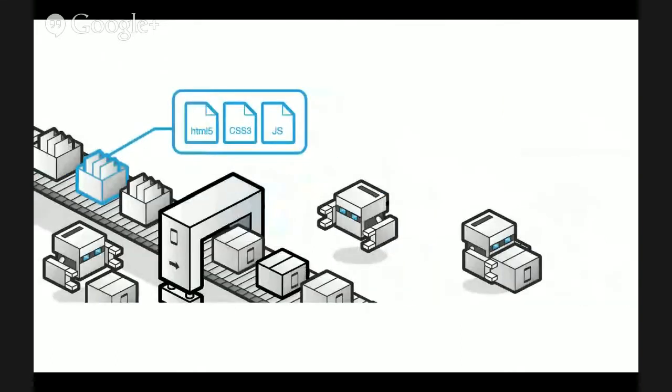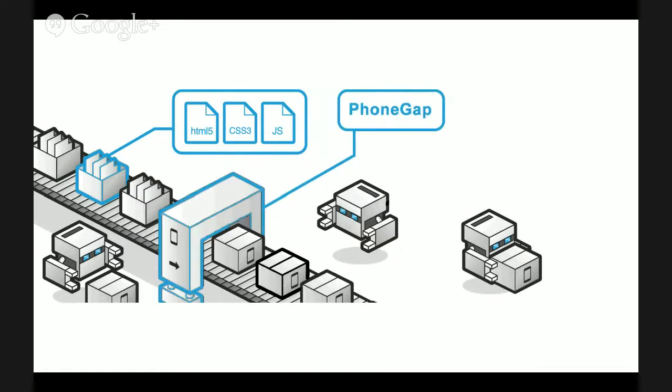One of the benefits of PhoneGap is you can create your application for multiple platforms easily. You just create your application using JavaScript, HTML5, and CSS3. Then PhoneGap generates a hybrid application for multiple platforms.